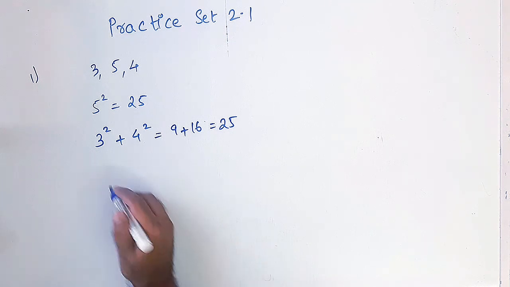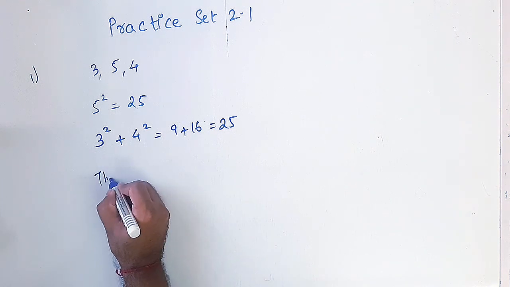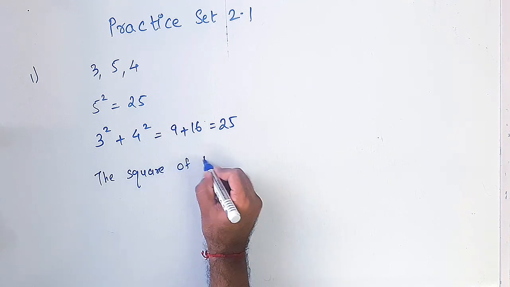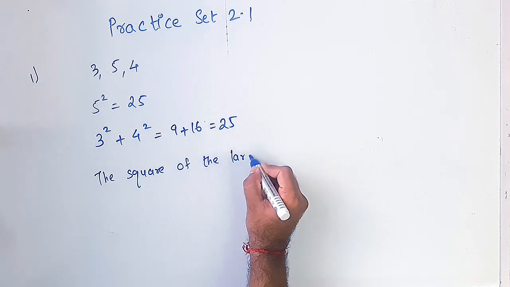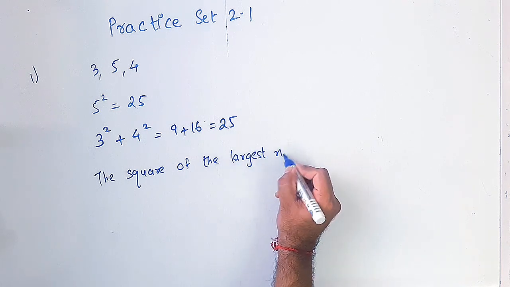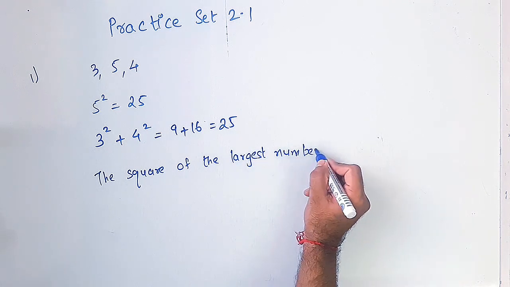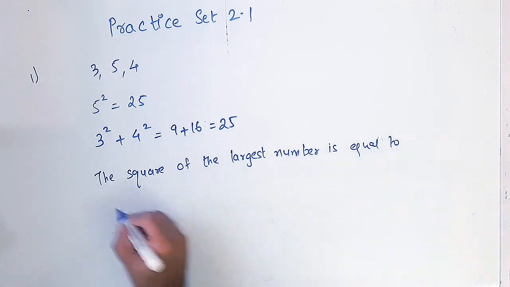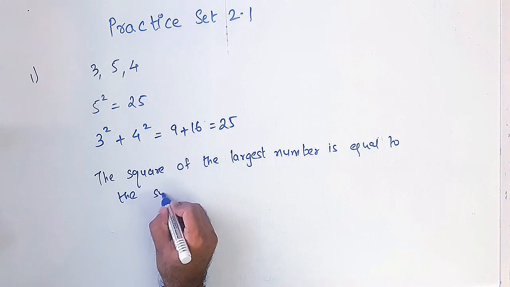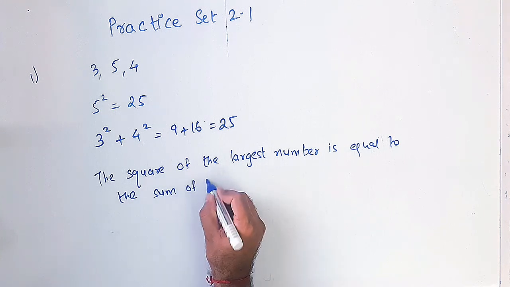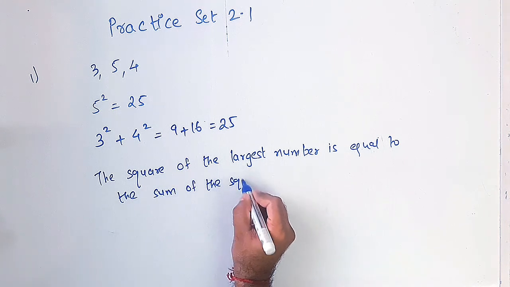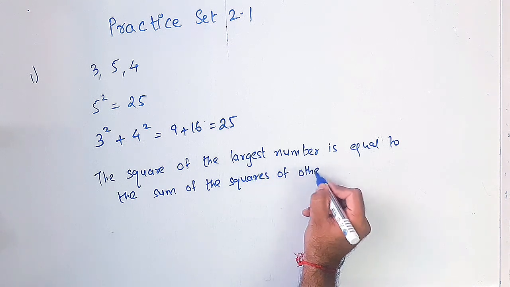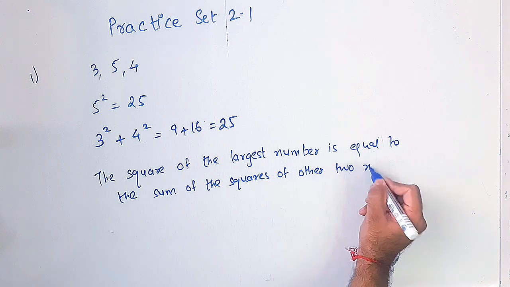Okay, so how will you write them? The square of the largest number is equal to the sum of the squares of the other two numbers.